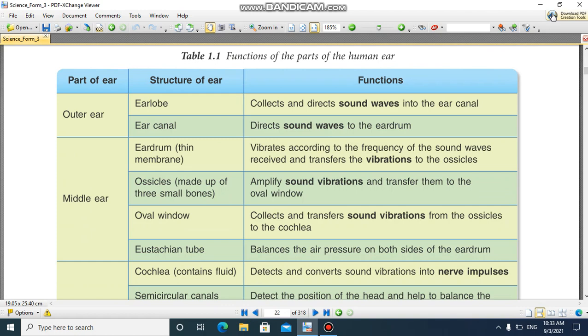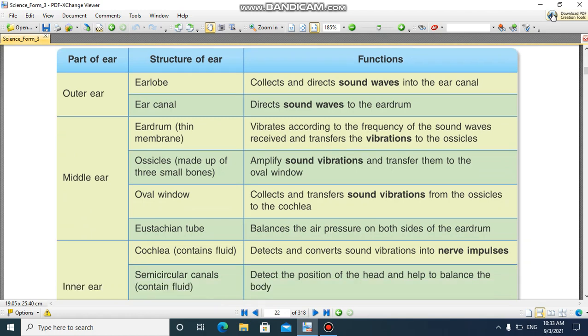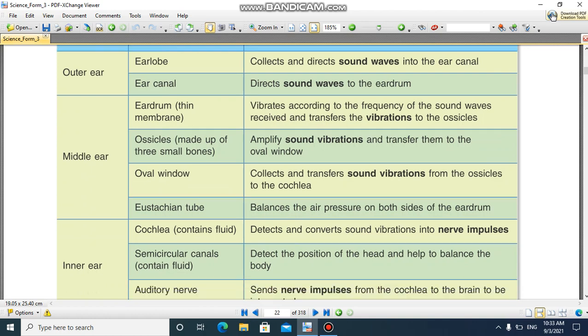In the middle ear, the eardrum, a thin membrane, vibrates according to the frequency of the sound wave, and receives and transfers the vibration to the ossicles. The ossicles, made up of three small bones, amplify sound vibrations and transfer them to the oval window. The oval window collects and transfers sound vibration from the ossicles to the cochlea.